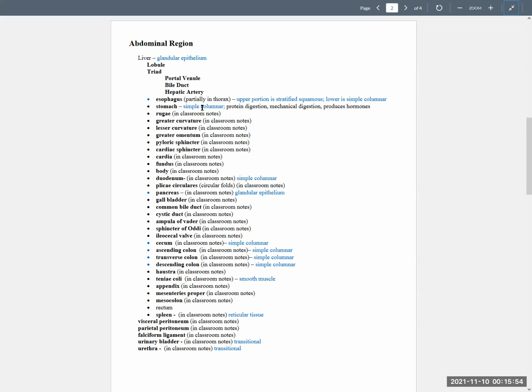The stomach and the rest of the GI tract is simple columnar. You may not have an appreciation yet for what simple columnar looks like. You will in this section. But any of these that you can sort of commit to memory or read over for the first time, getting ready to commit them to memory later on, is going to help you.